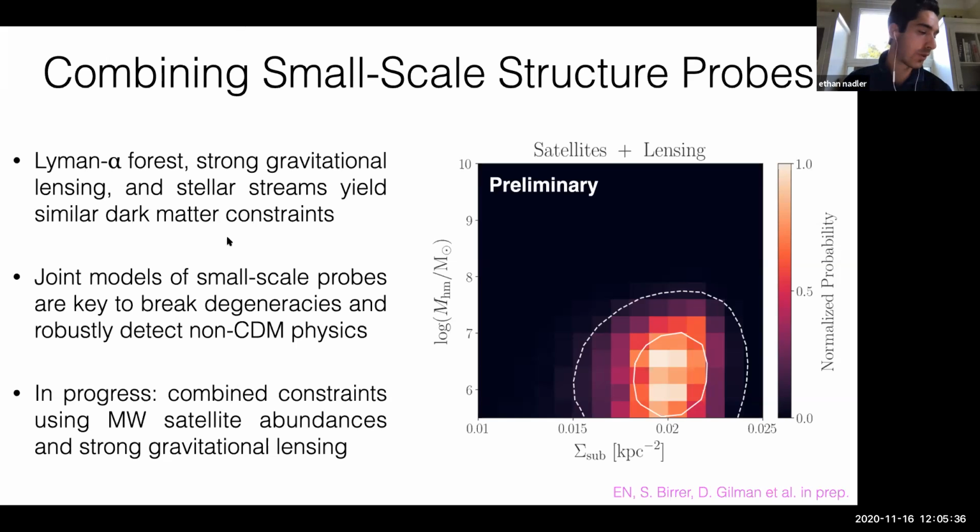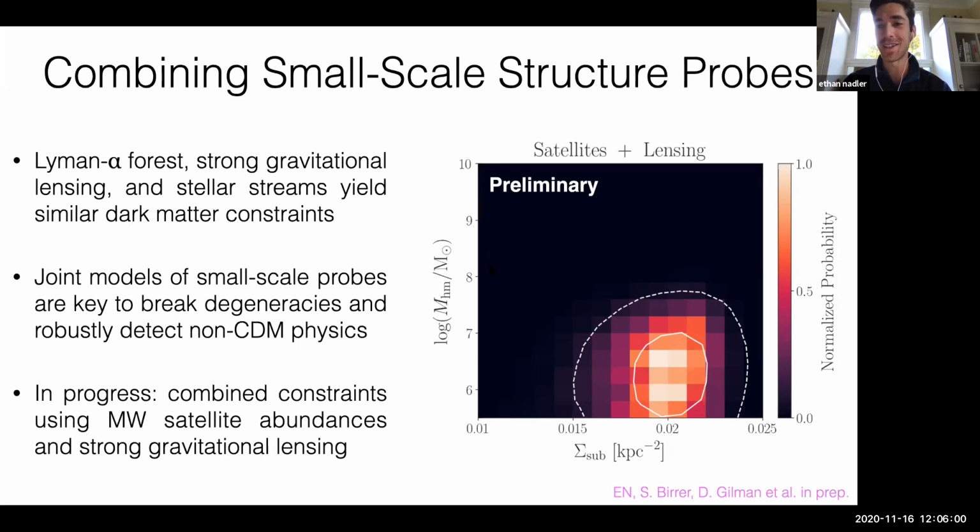Yeah, as I said, with the kind of statistics offered by surveys like LSST and others, the constraints will definitely improve. Of course, other techniques are very promising, like 21 centimeter, which in principle can do much better in terms of the scales being probed. But I think it's more fruitful to think about the complementary things being measured by each technique.